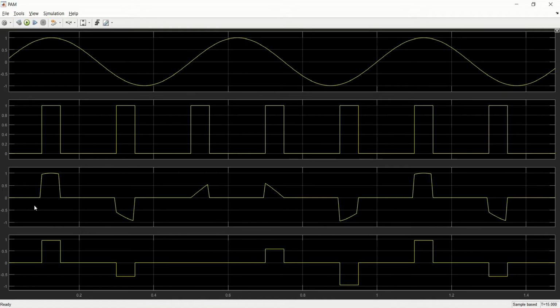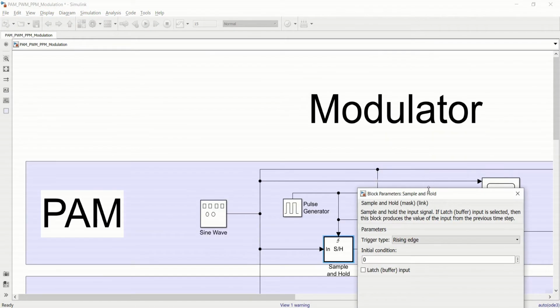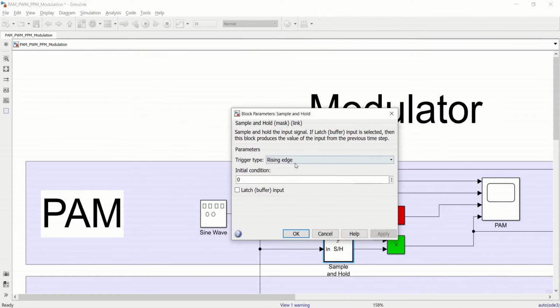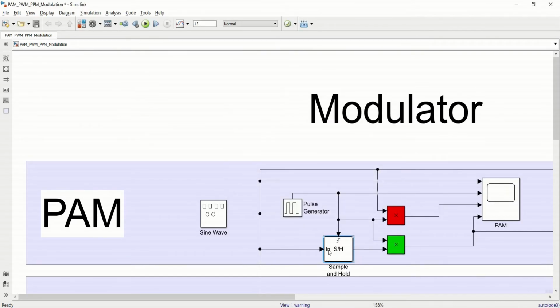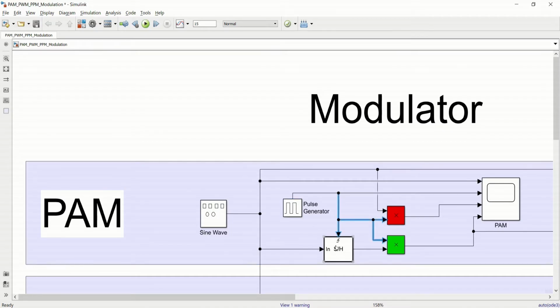But as mentioned, we often desire a flat top PAM, and for that I have used a sample and hold with the trigger type of rising edge, and at the input we again have the message signal, and for the rising edge detection we use the pulse generator.